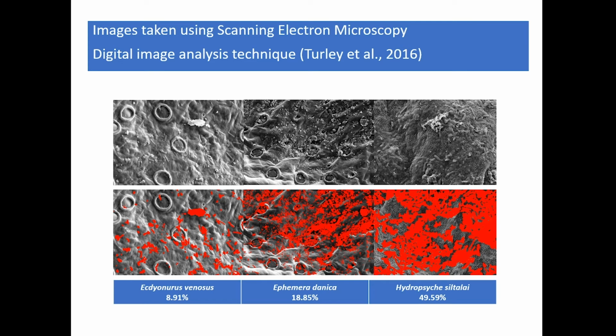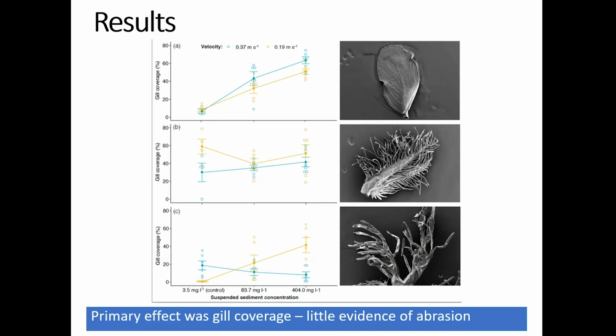But in this application, I used it to assess the clogging and buildup of debris of fine sediment on the gill surfaces. And then you essentially run these through a program which can assess how much of your frame is covered within this pigment, or the fine sediment, essentially. So these images just show a range of different coverage across my 3 different species.